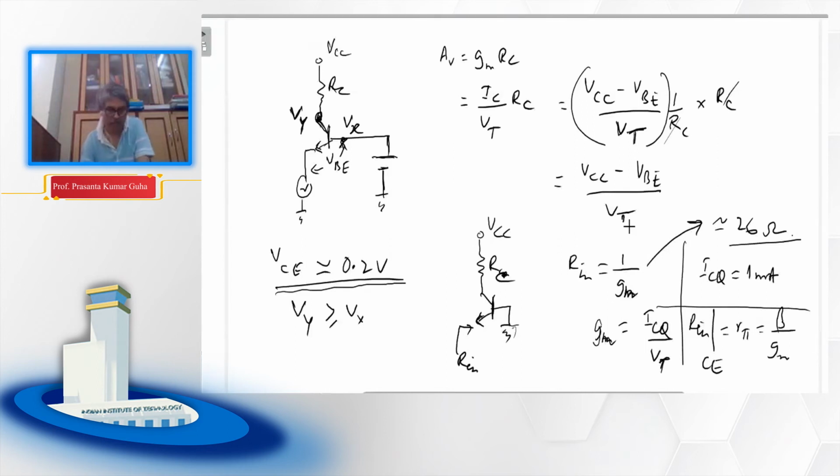So that is one application of such a circuit, where the circuit resistance is very low and we have to match it so that the reflection from the circuit becomes lower. Okay, now what about the output impedance?